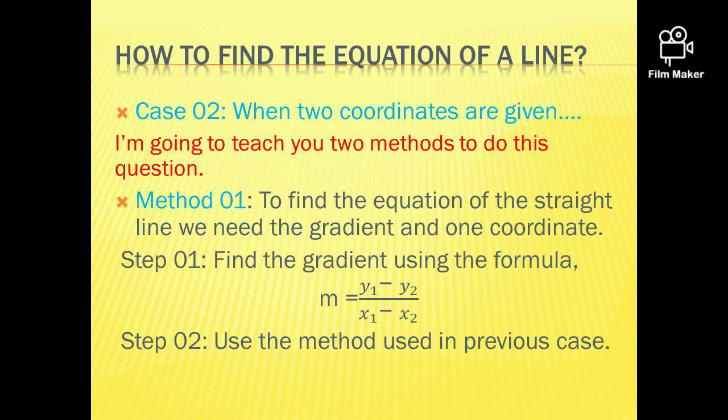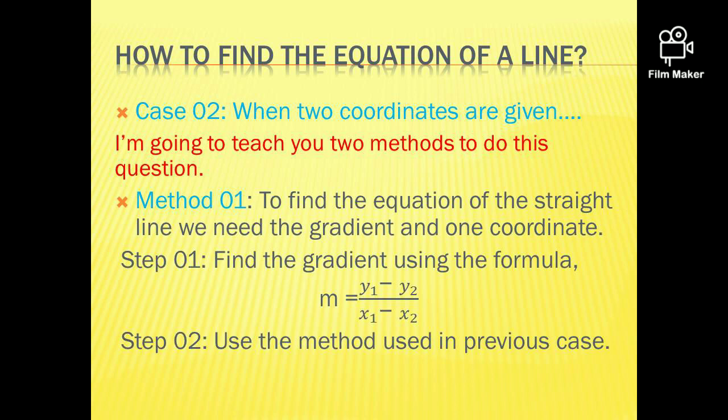The first method is the ordinary method. Initially, to find the equation of a straight line, we should know the gradient. What is the equation of the gradient? The equation of the gradient is m equals y1 minus y2 divided by x1 minus x2. Therefore, select the first given coordinate as x1, y1 and the second coordinate as x2, y2.